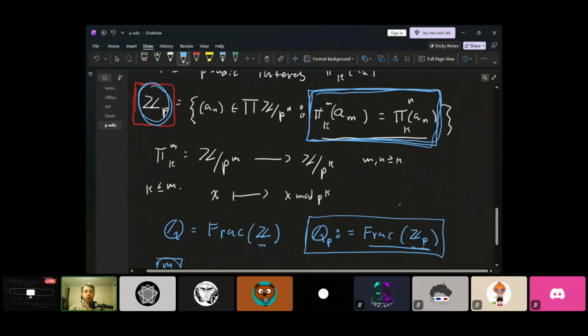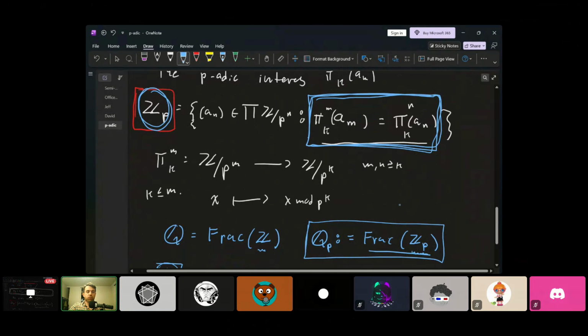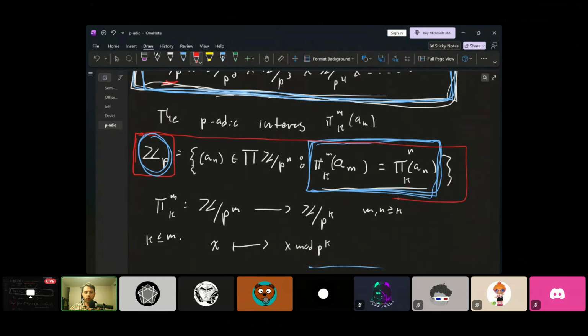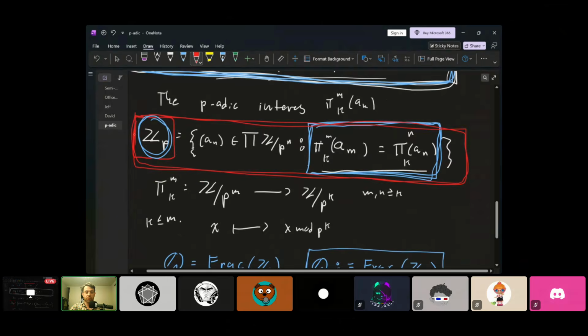Maybe one last thing I'll say on this before I move over: technically, what I've just explained to you here, maybe there are people who don't know a ton of category theory and it scares you, but you've secretly just understood the concept of a limit.